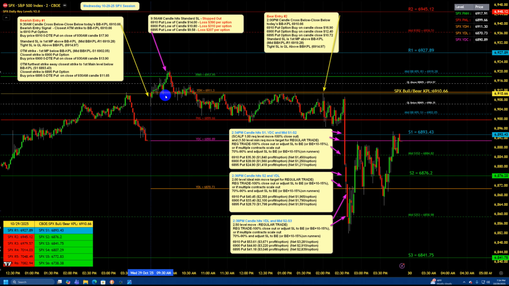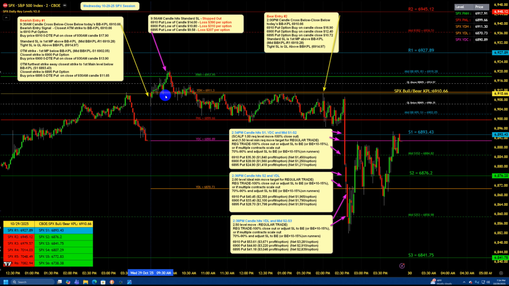So typically on FOMC interest rate decision days, the option prices are going to remain highly elevated as compared to what they would be normally, because of the potential volatility of the FOMC decision, which happens at 2 p.m. Eastern New York time.